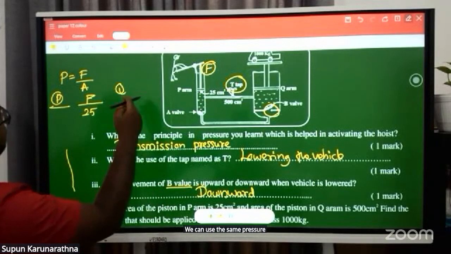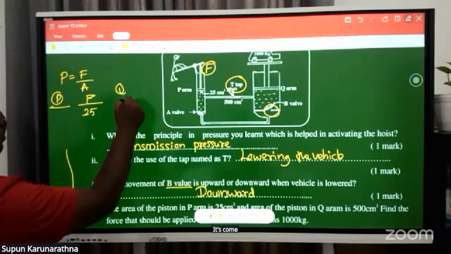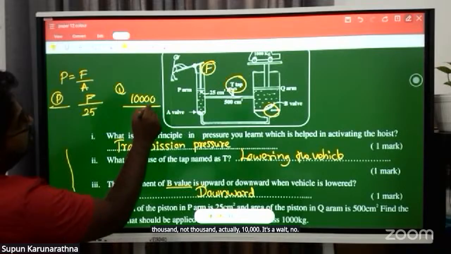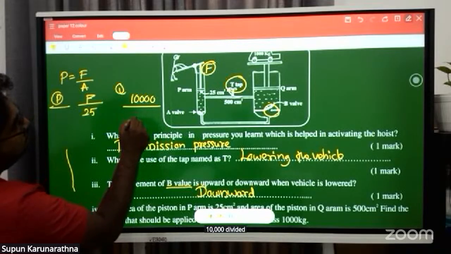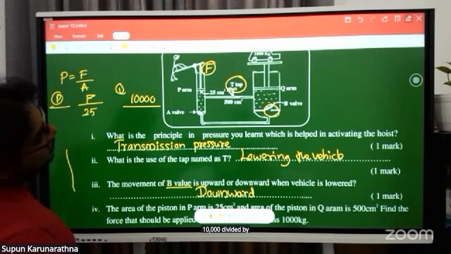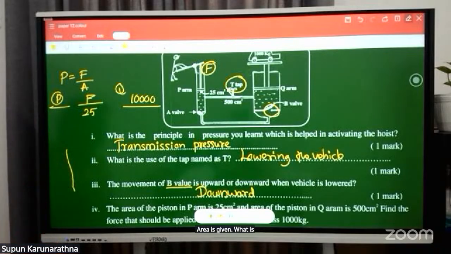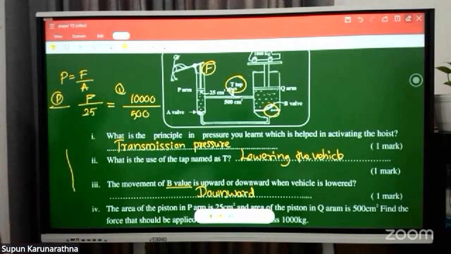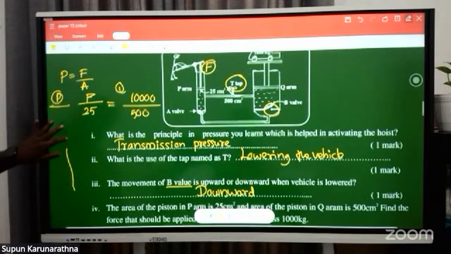It comes 1000, not 1000 actually, 10,000. It's a weight, no? 10,000 divided by the area, which is 500. Then you make these two equal and simplify the answer.